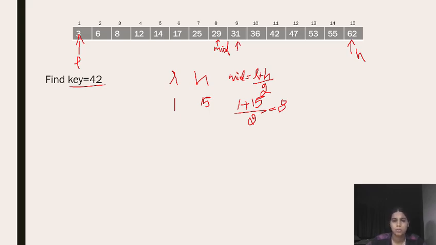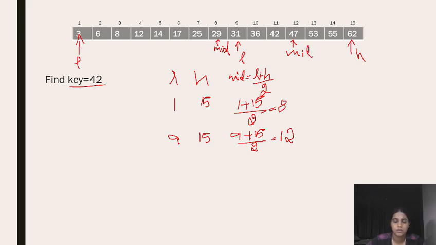So the low position will be 9. So low is 9, high is 15. 9 plus 15 divided by 2 is 12. The mid is now the 12th position, which is 47.